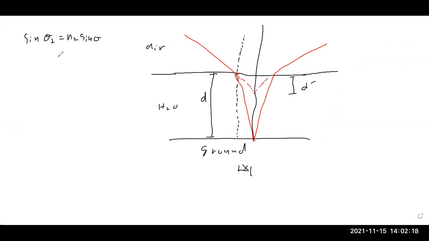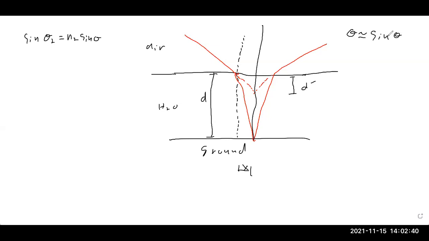And if the angles are small enough, we can make the approximation that theta is approximately equal to sine of theta. That's the small angle approximation, so this works in radians.